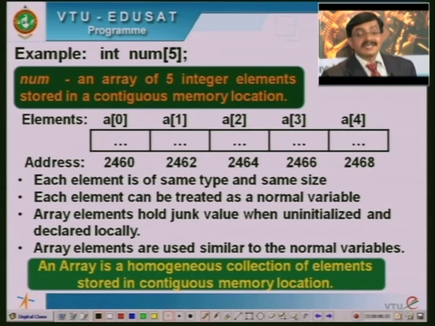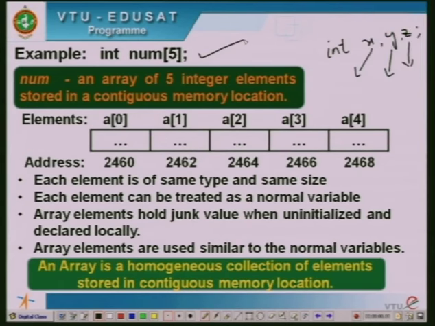They are not arranged sequentially. But when I use an array, the elements are arranged in sequential order, in continuous memory locations. Thus int num[5] is an array of 5 integer elements stored in a contiguous memory location.